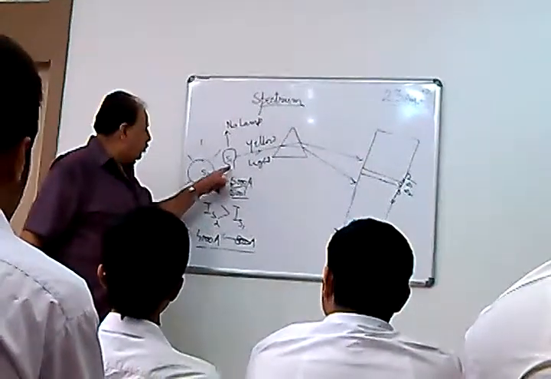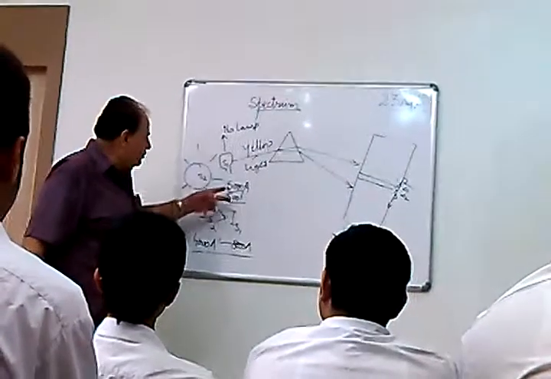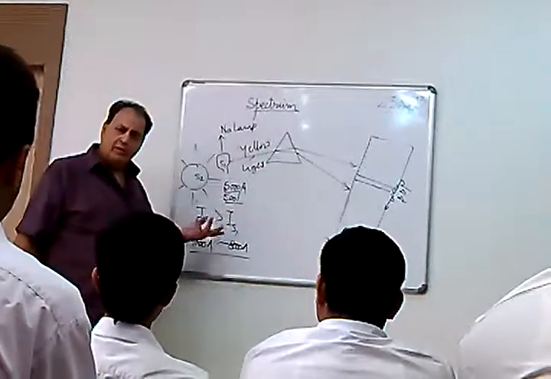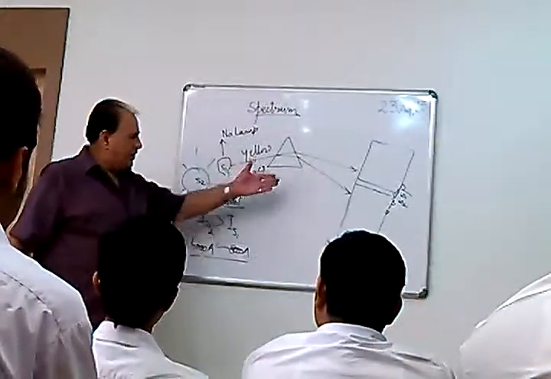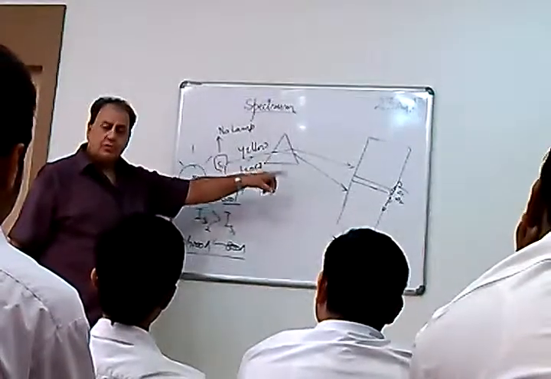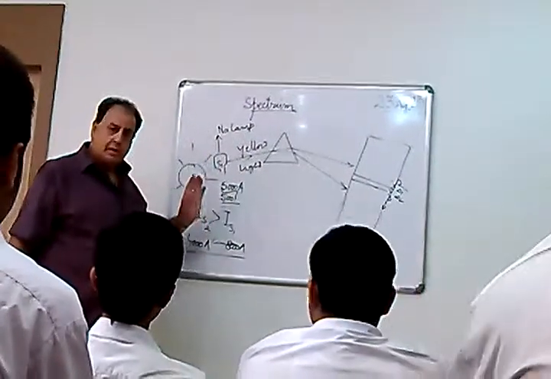Sodium is capable of giving two lights, D1 and D2. Okay? Because sodium is yellow light, it doesn't give any other color. So we get a spectrum which is a line spectrum, so that is called line emission spectrum.